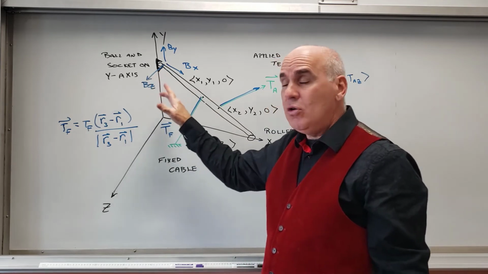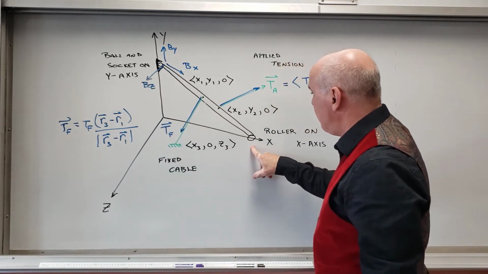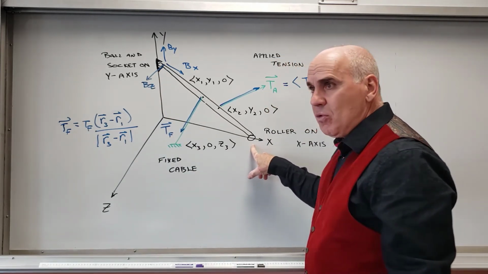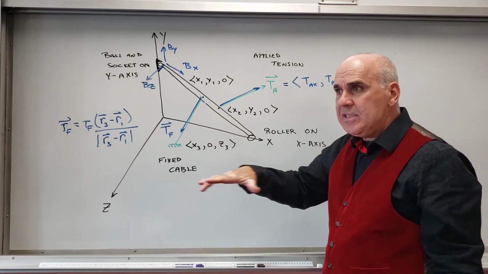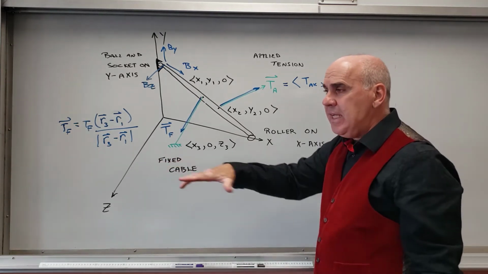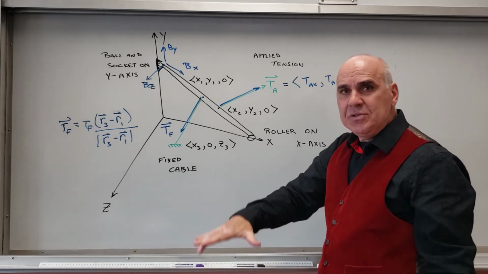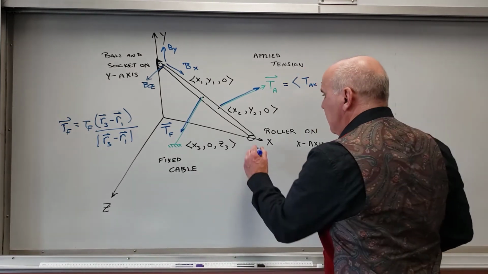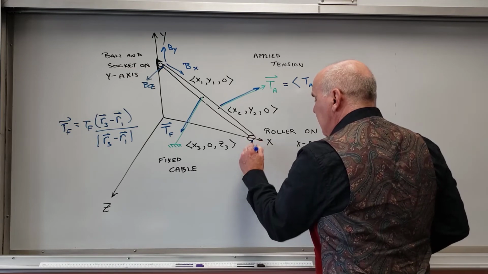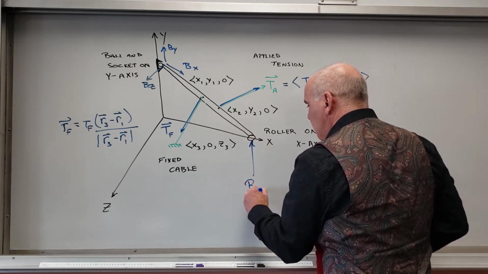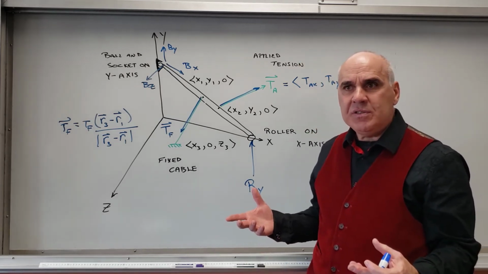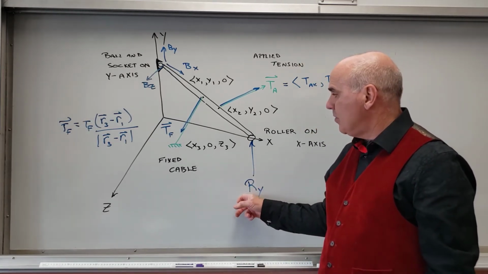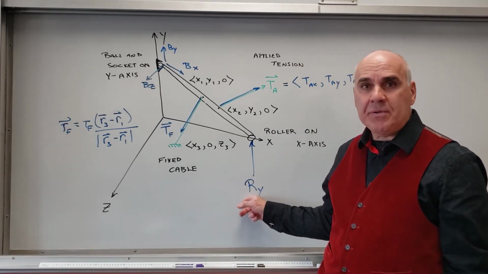And then over here at the roller, remember the roller is on the XZ plane, and it's free to move anywhere on the XZ plane, but it can't move down through the XZ plane. So there's going to be a force in the Y direction, which I'm just going to call R sub Y. There is no RX, there is no RZ. So that's the roller force, and it's purely in the Y direction.